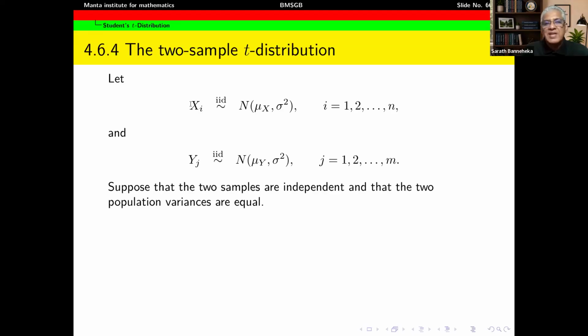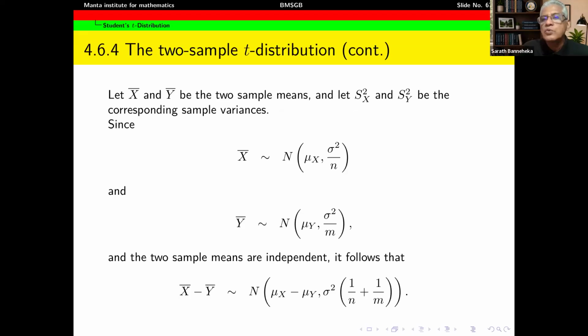So these x1 up to xn are independent within the sample, y1 up to ym are independent within the sample, and any xi is independent of any yj as well. Now let us use the known results here. Let x bar and y bar be the two sample means, and sx square and sy square be the corresponding sample variances.